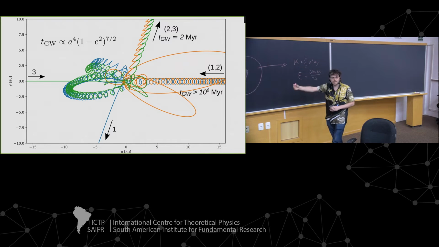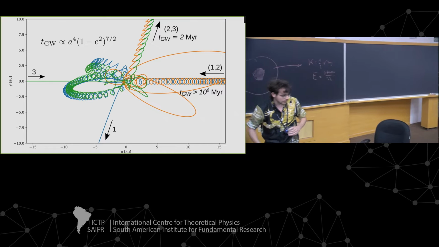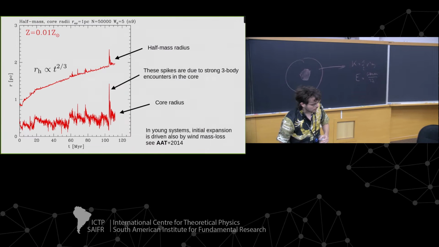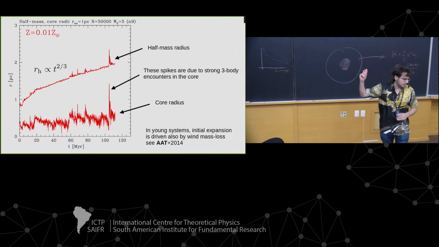So statistically, the binaries that are hard are going to shrink and shrink until they merge or get kicked out. And I showed you last time this kind of plot.